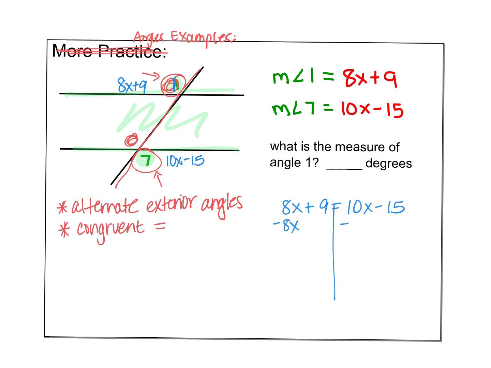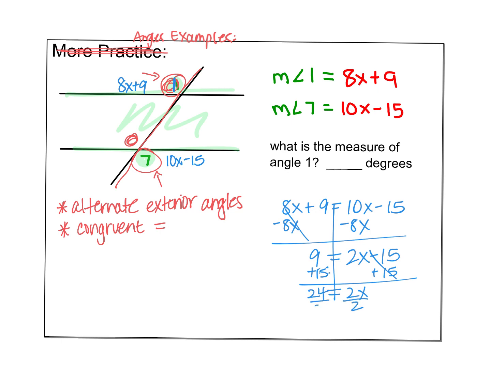I'm going to subtract 8x from both sides. I get 9 equals 2x minus 15. And then I'm going to add 15 to both sides. I get 2x equals, if I add 9 and 15, I get 24. And then finally divide by 2, so x equals 12.